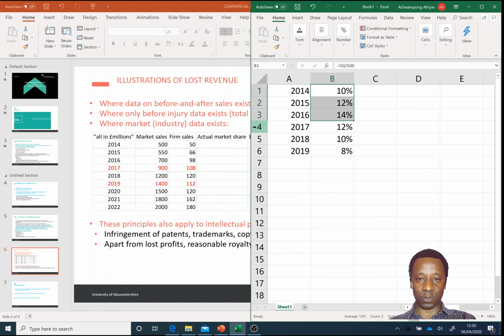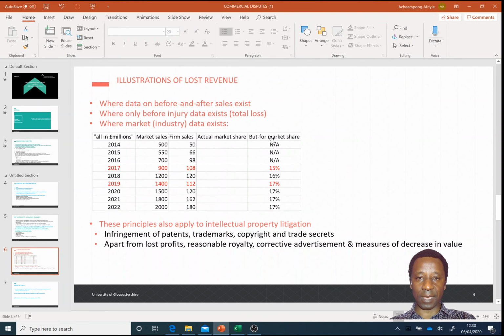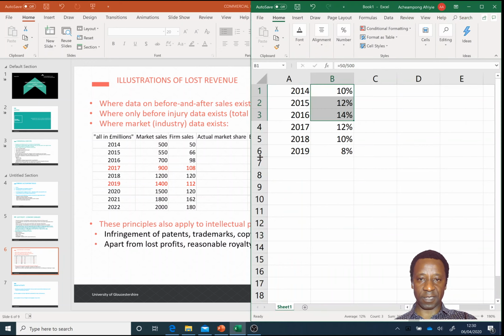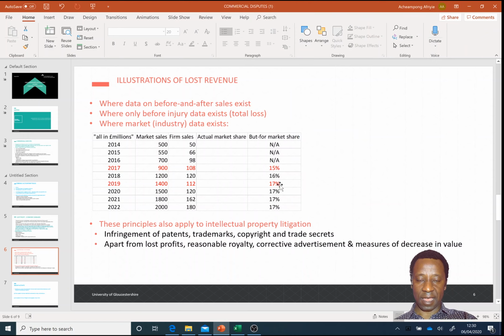Right, so before the breach, we could try and look at what the market share would have been. Take the average of the figures from before, and then we look at the after, and then try and work out the difference.